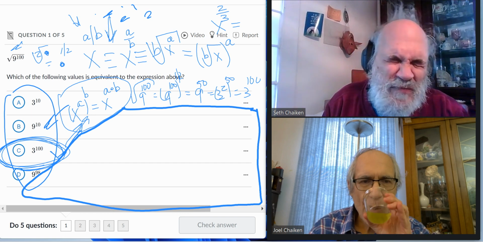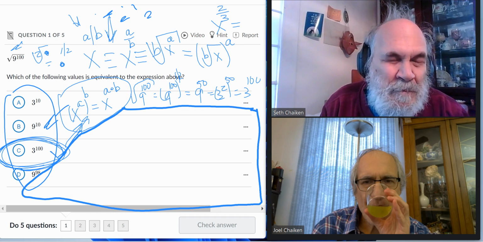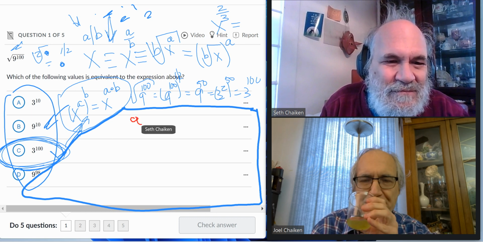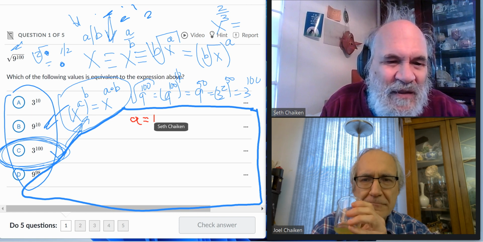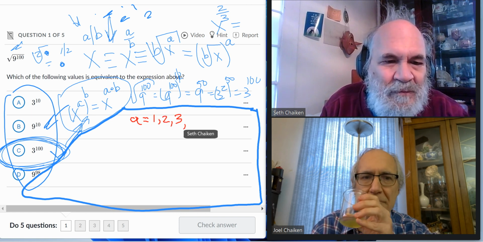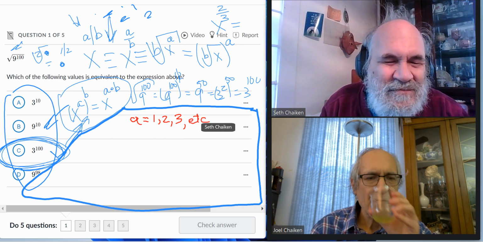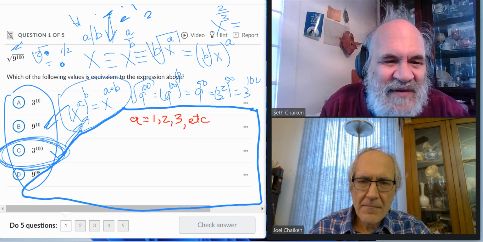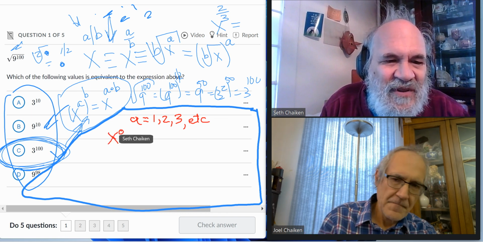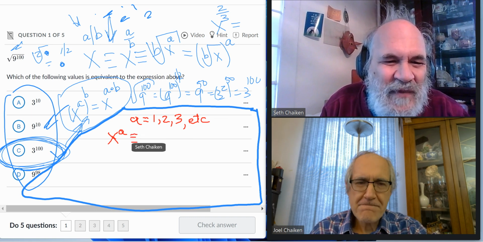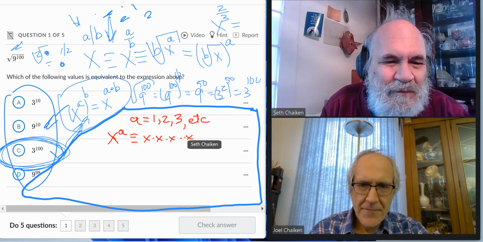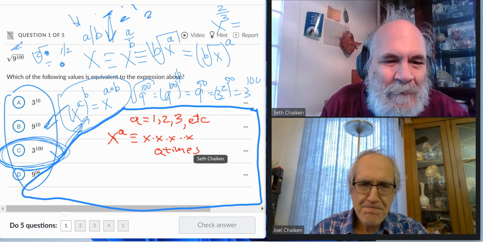So the original idea is that when a is a counting number, like 1, 2, 3, etc., then the exponentiation of x to the a was defined as multiplying x by itself a times, right?